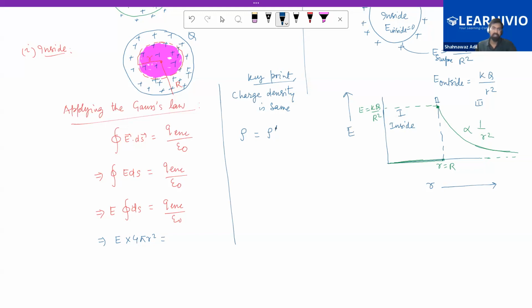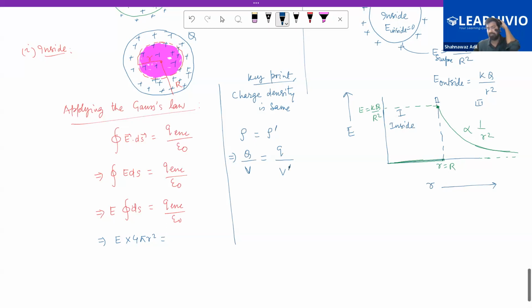So this density would be Q by volume, and this density would be Q, which is the Q enclosed, by volume prime. Clear, everyone?